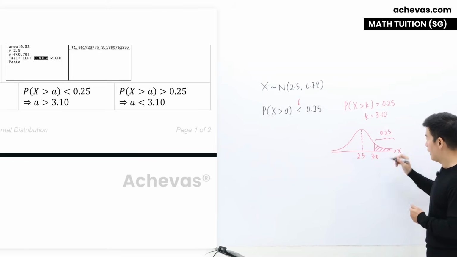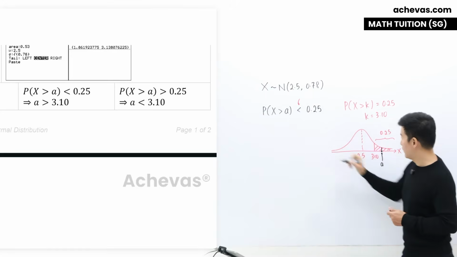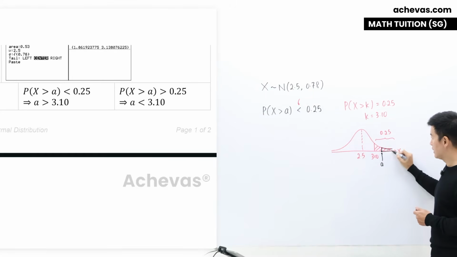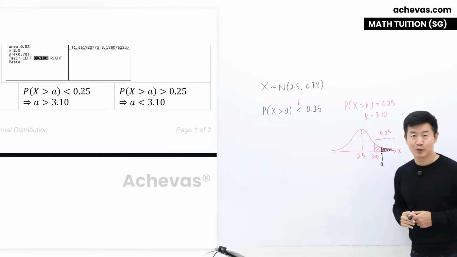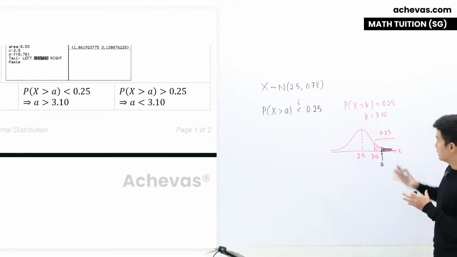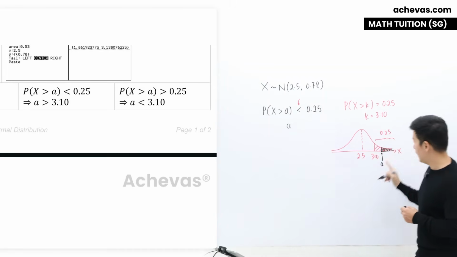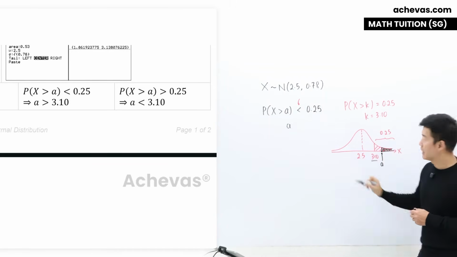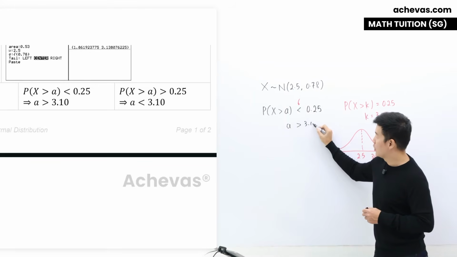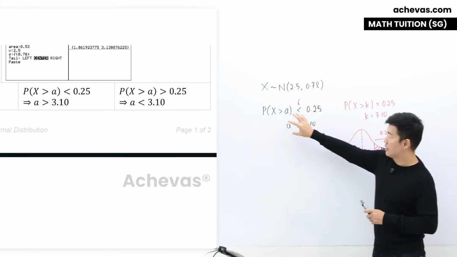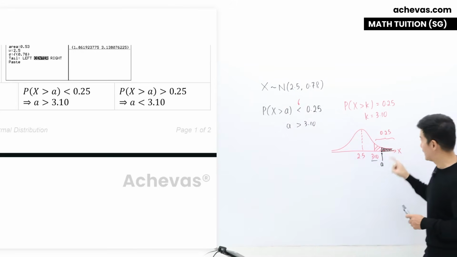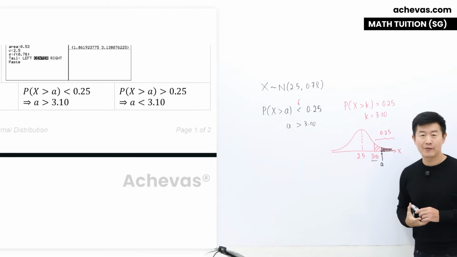So physically, A should be a number that is to the right of 3.10 in order for the area to its right to be less than 0.25. So with our deduction, we can see that A has to be a number that is bigger than 3.10 in order for the area to the right of it to be less than 0.25.